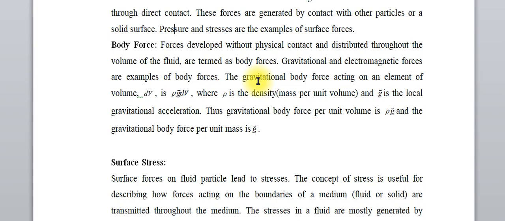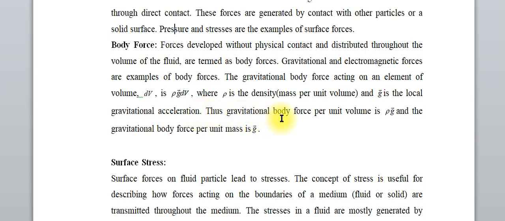The gravitational body force acting on an element of volume dV is rho g dV. If the element has volume dV, then the gravitational force will be rho g dV, where rho is the density, mass per unit volume, and g is the local gravitational acceleration.